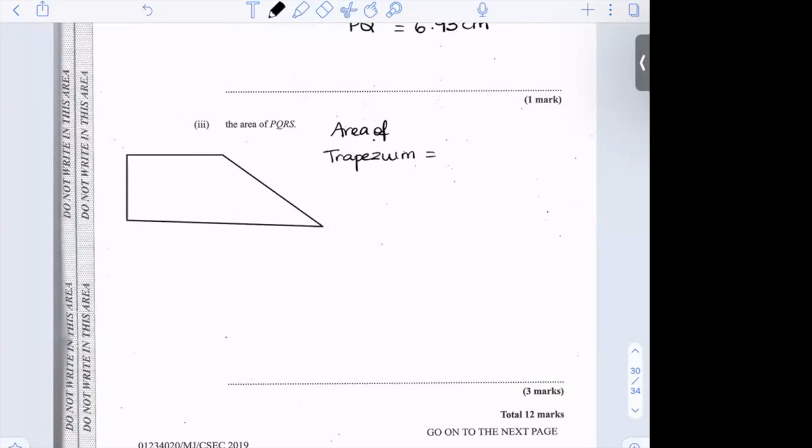We want to find the area of PQRS. Notice this is worth 3 marks. So this is the shape that we have. And yesterday from the multiple choice, we know this is called a trapezium. The area of a trapezium is a half the sum of the parallel sides multiplied by the height.